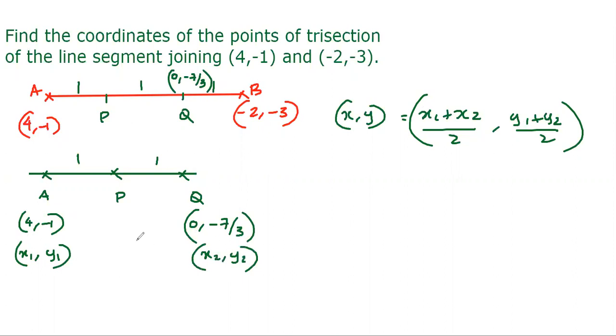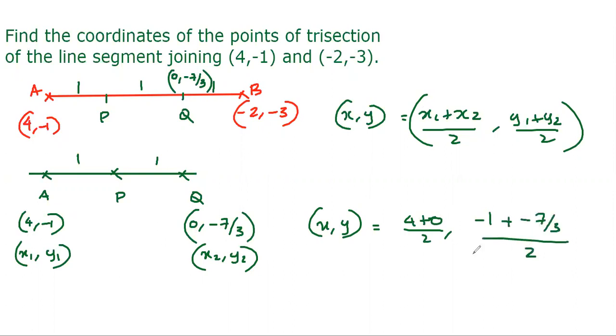So simply the point P, if it is (x, y), then it will be x1 plus x2 by 2, that is 4 plus 0 by 2, and minus 1 plus minus 7 by 3, all by 2. So 4 plus 0 by 2 is simply 4 by 2, 2.